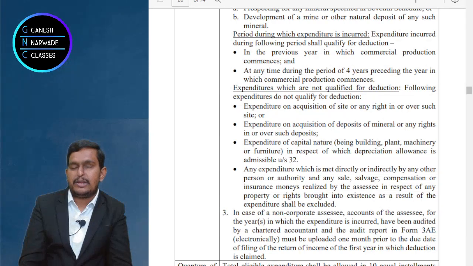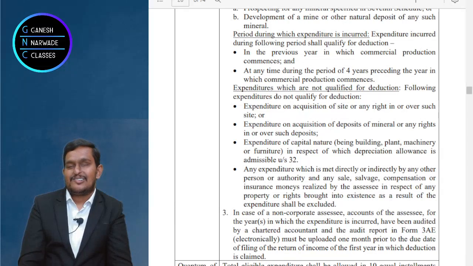Many times the government pays. Government will pay the money and you get deduction under income tax? Not possible. If another person makes the payment, you are not going to get the deduction. If you want the deduction, you pay the money.